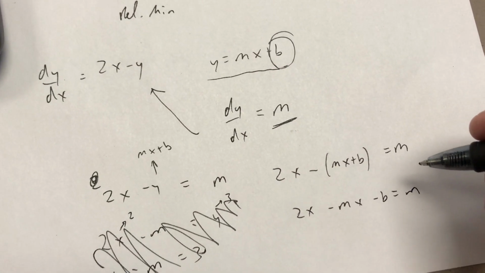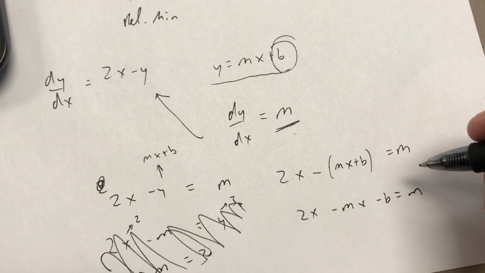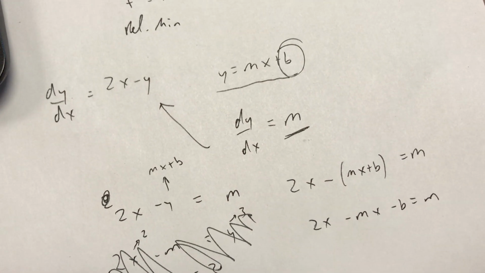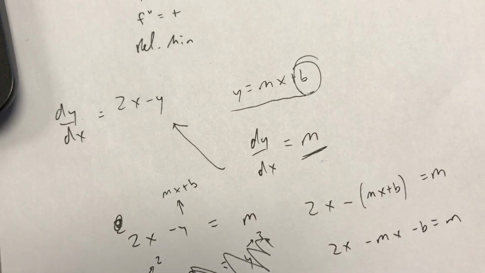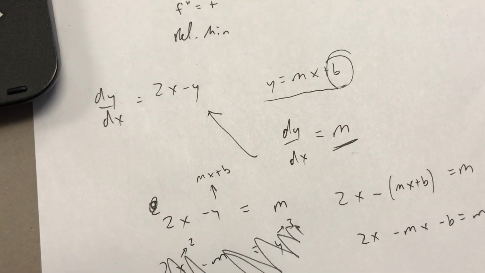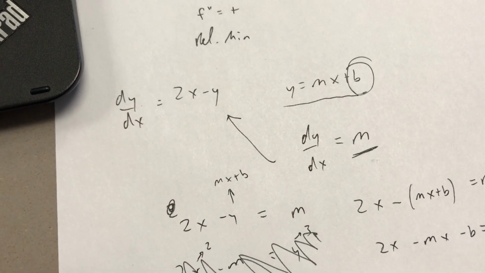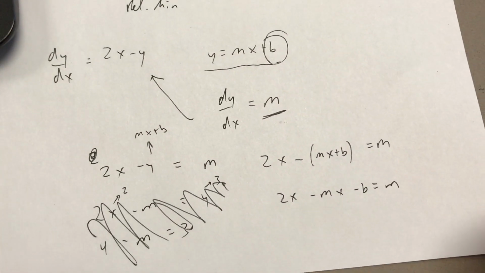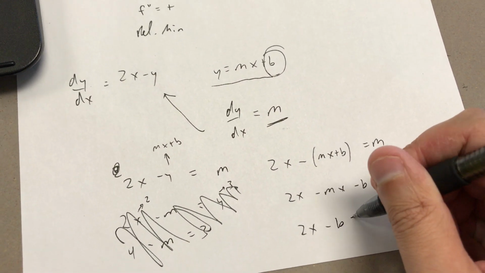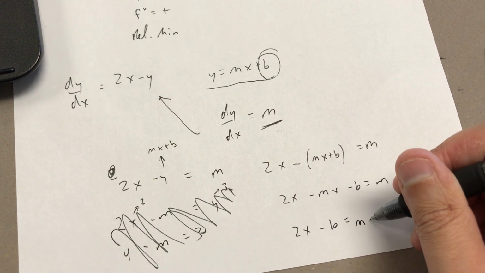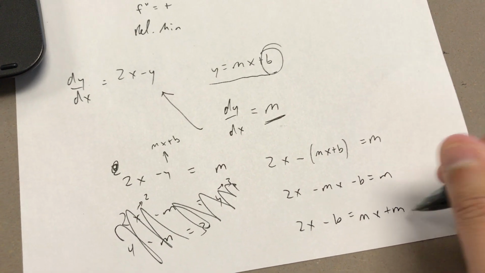I'm going to put the x term on the other side. So we've got 2x minus b is equal to mx plus m.